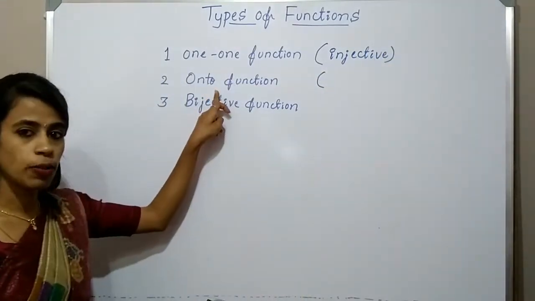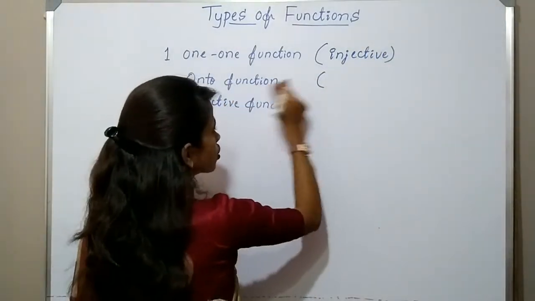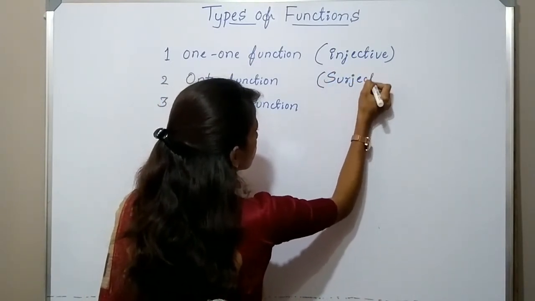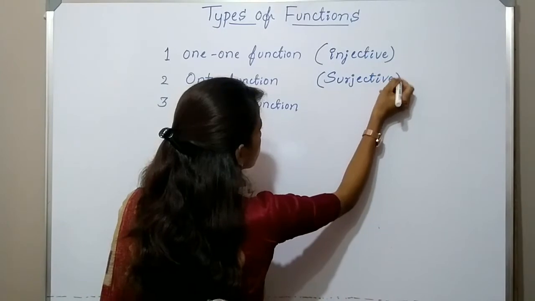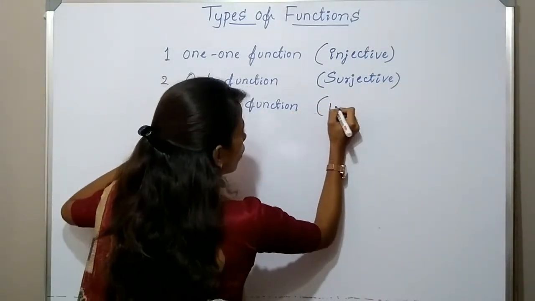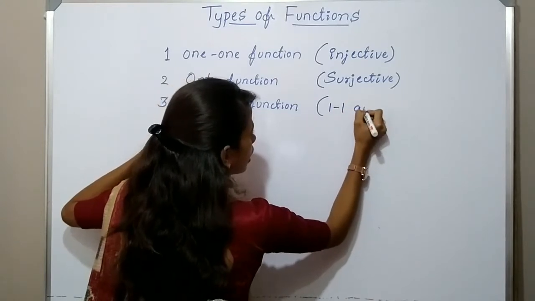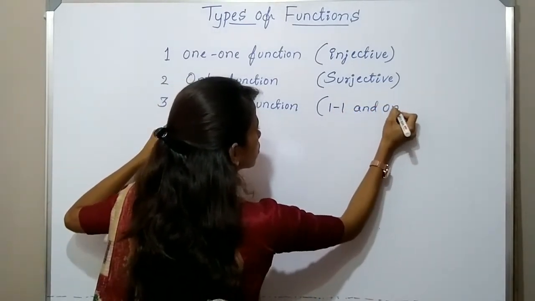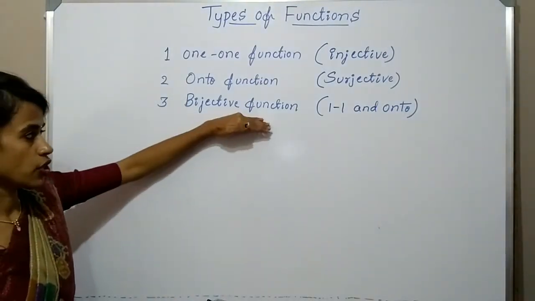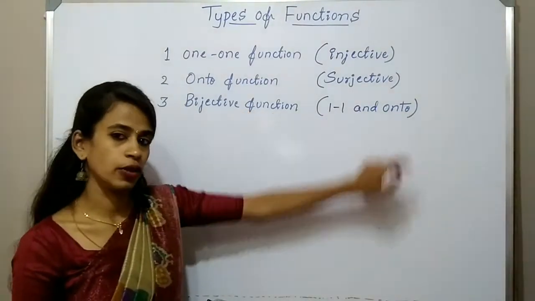Another name for onto function is surjective. And a bijective function is one that is both one-one and onto.